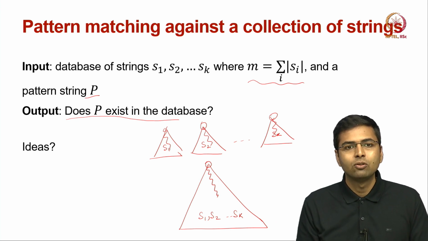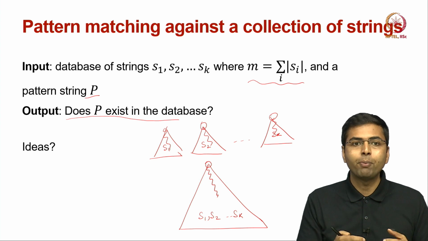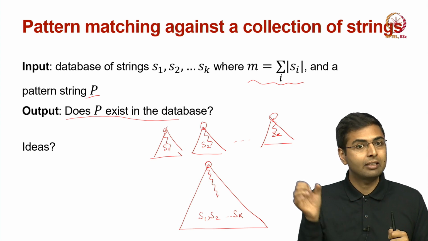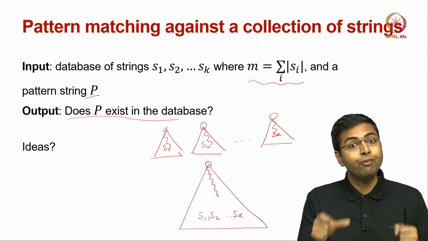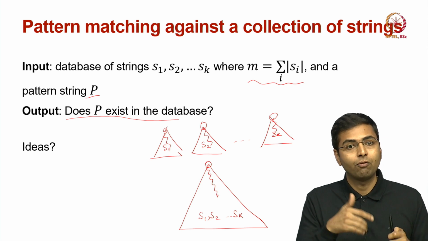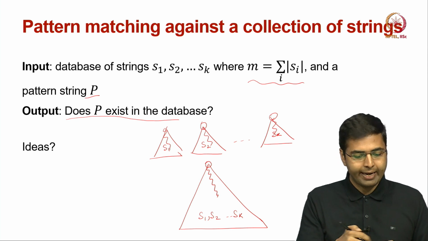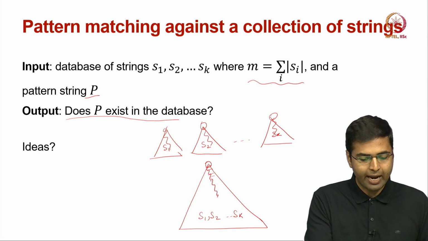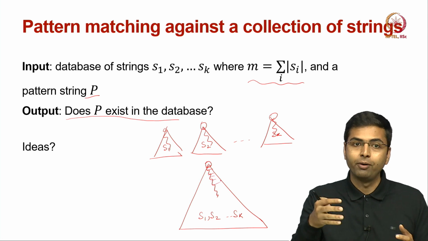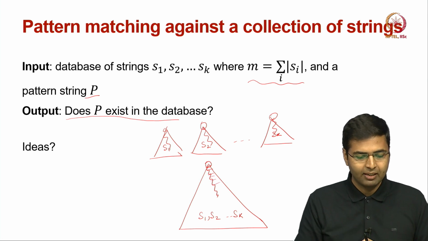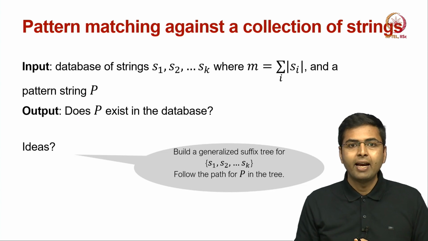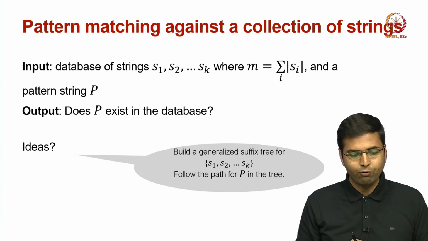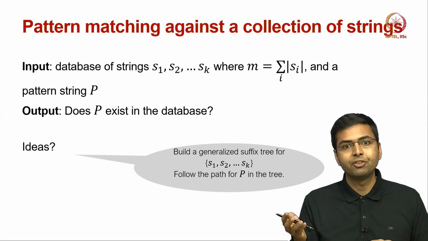This follows from the property that if a pattern occurs as a substring in any of the strings, then it must be a prefix of a suffix of one of the strings, and as a result all the characters must match when I start matching from the root node. So, build a generalized suffix tree and then follow the path for the pattern from the root node in the tree.